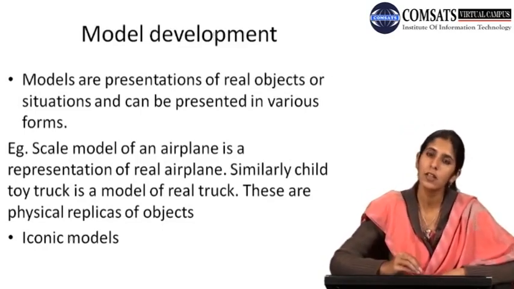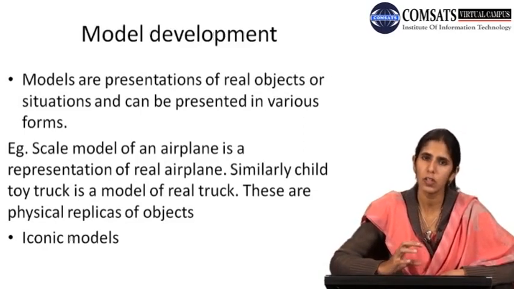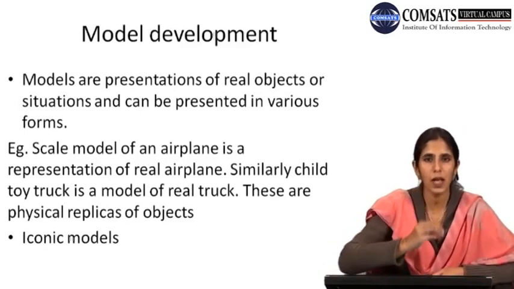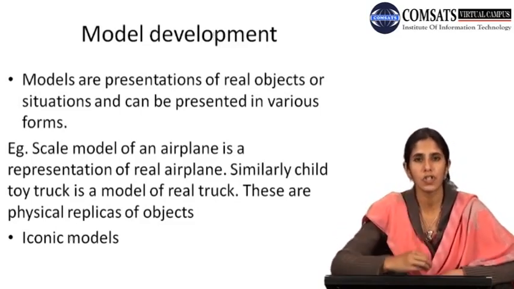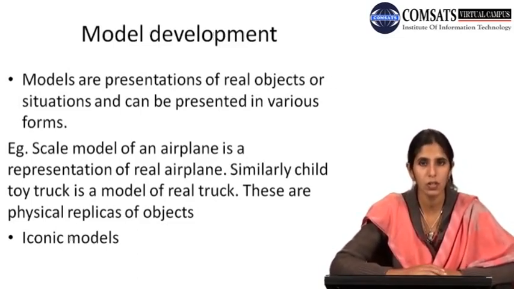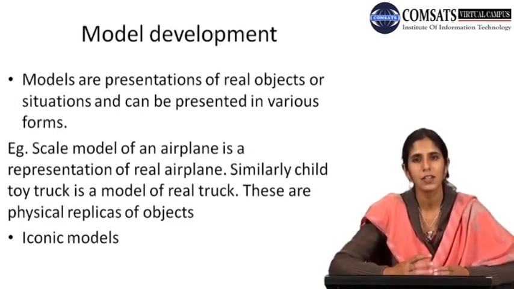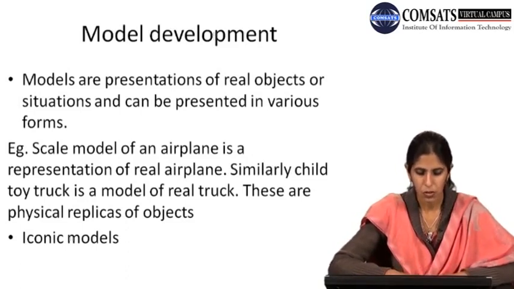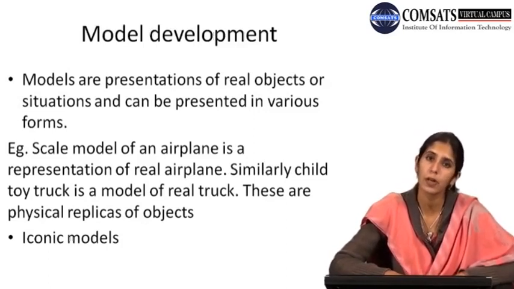It has all the functions and descriptions: where the tires have been placed, the position of the passenger and driver seats, the capacity, how many tires there are, the structure of a truck, and how it is differentiated from a car. All are described in the form of a model toy. So these are physical replicas of the object, and these physical replicas are known as iconic models. The very first type of model is the iconic model.